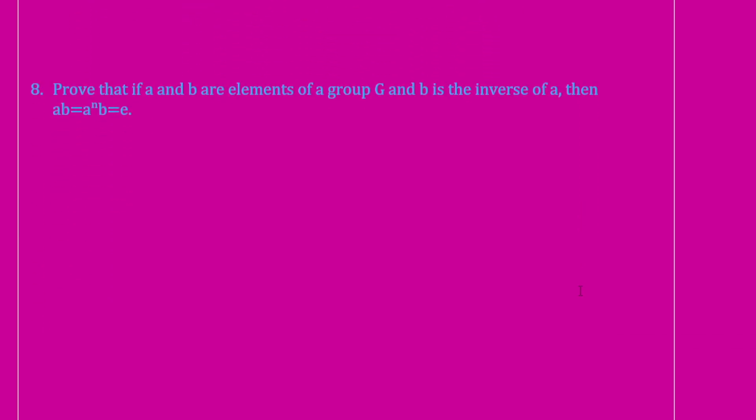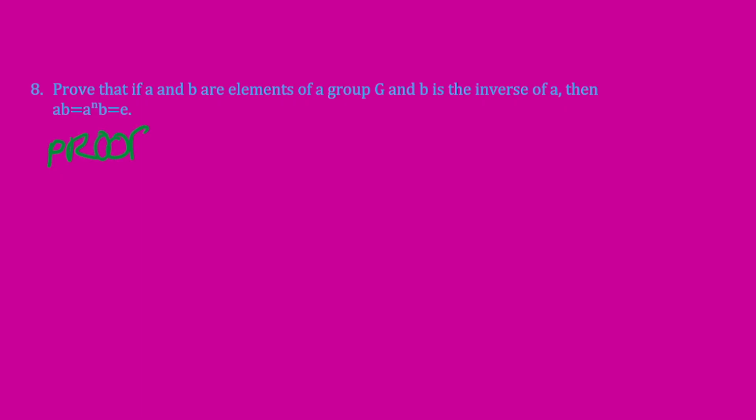All right, let's take a look at problem 8. So we are asked to prove that if A and B are elements of a group G, and B is the inverse of A, then AB is equal to A raised to the power of n times B equals E. So let's prove this.